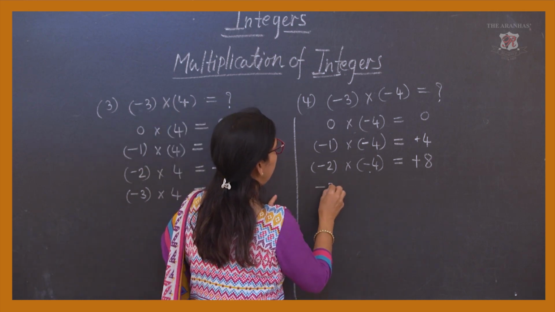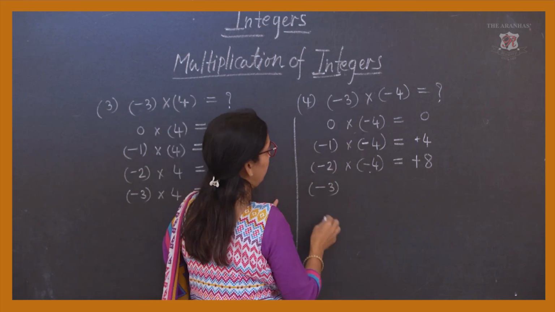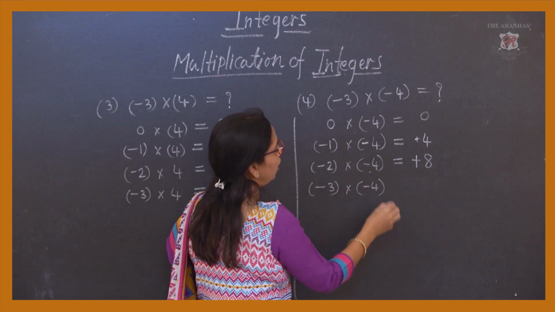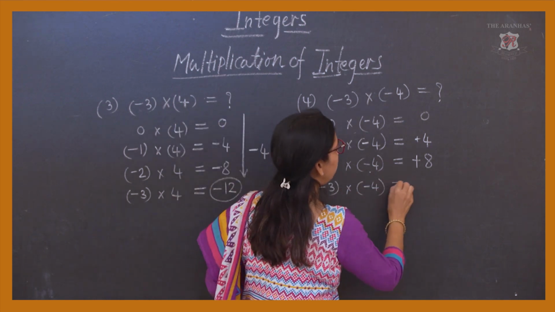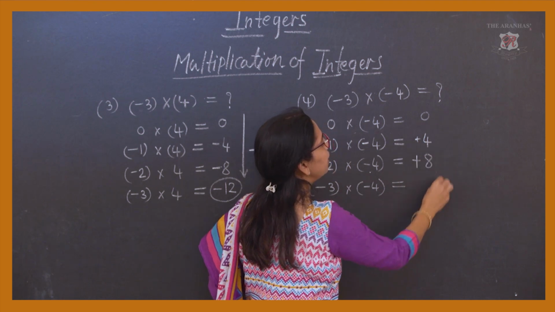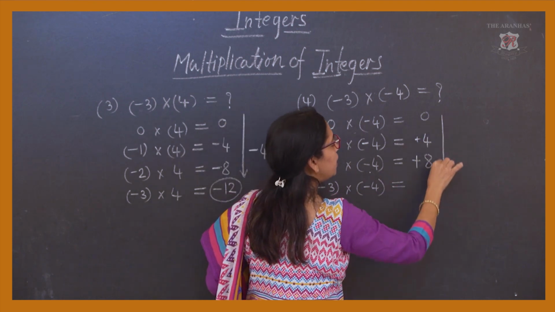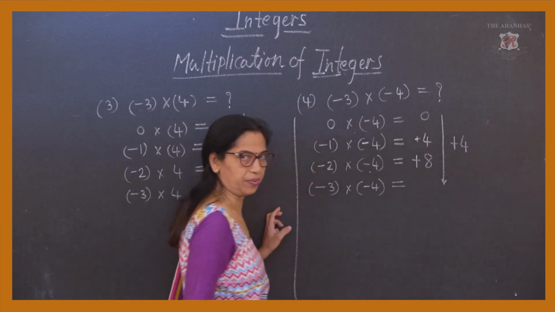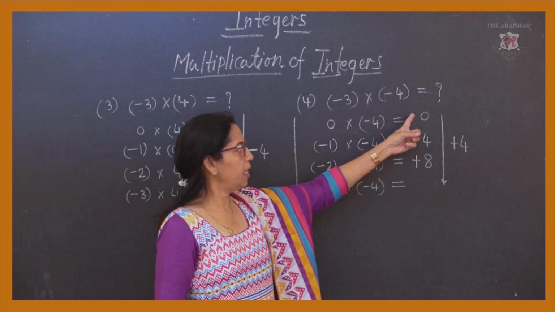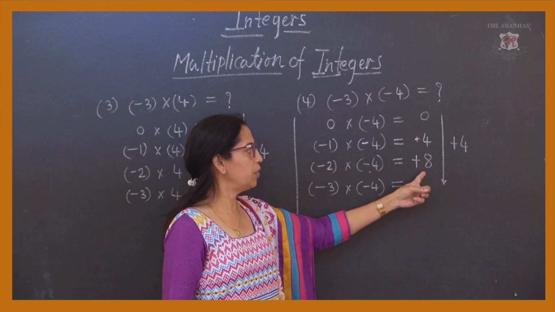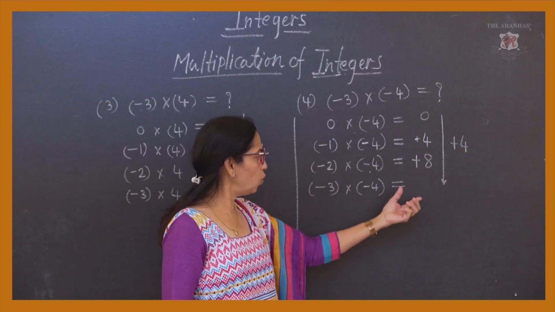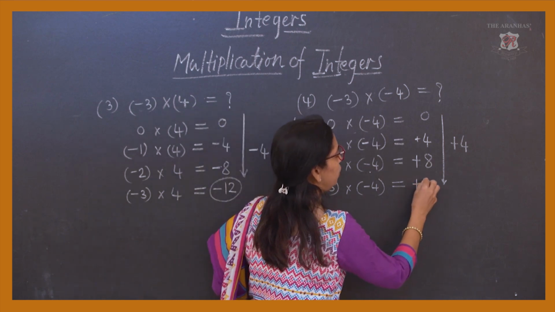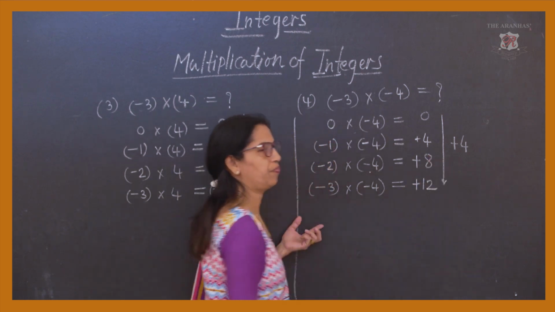Now next is our question. So -3 multiplied by -4. By observing here, again there is an increase of +4 units. There is an increase of +4 units. So the answer here you will get is 3 4s are 12.